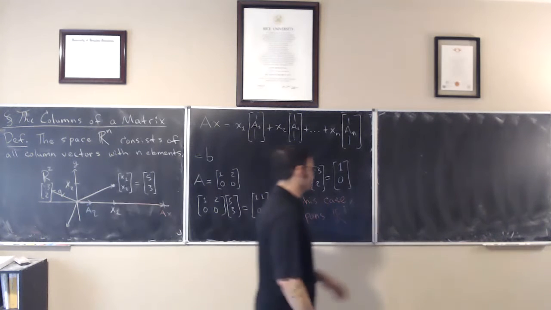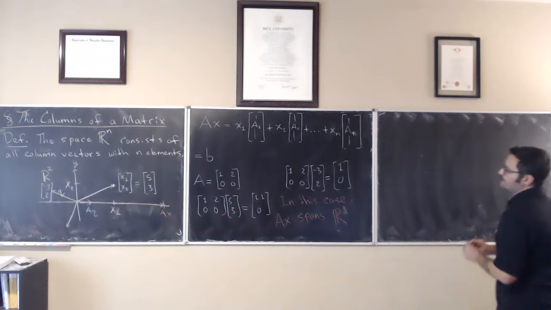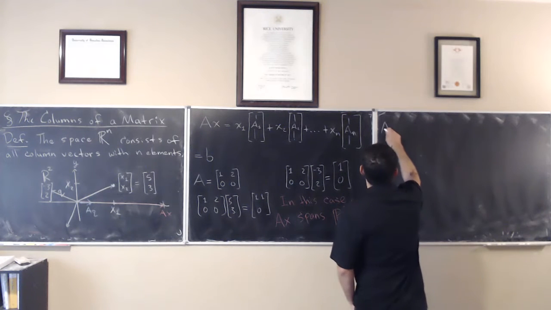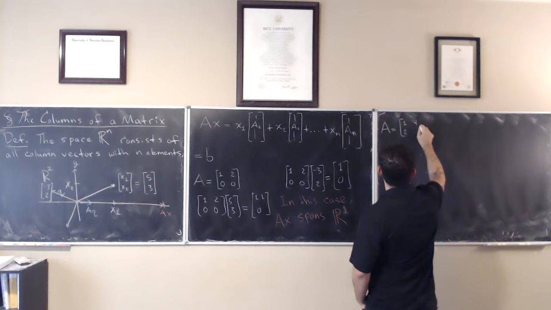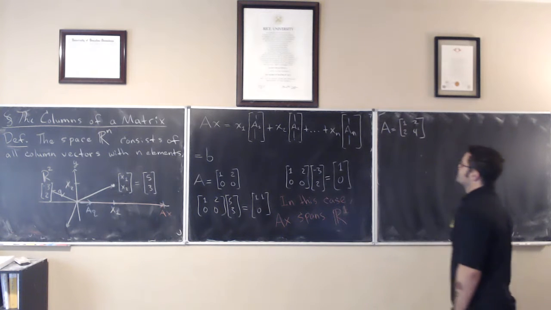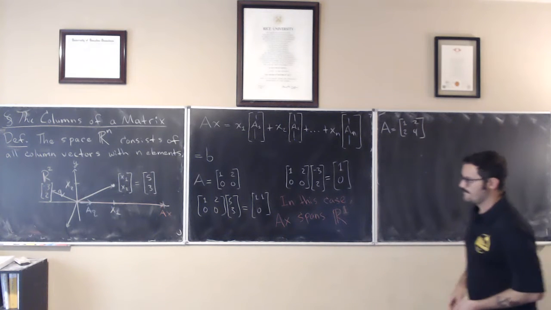What is this reason? Let's choose a different A now. Let's choose A to be 1, 2, 2, 4. So what about this matrix? Let's see what happens now.